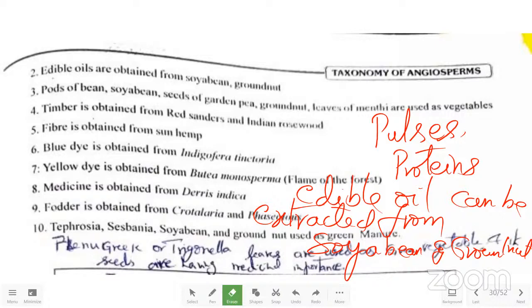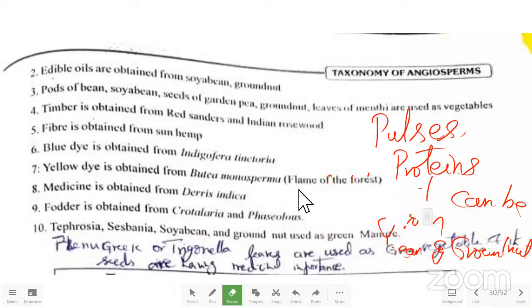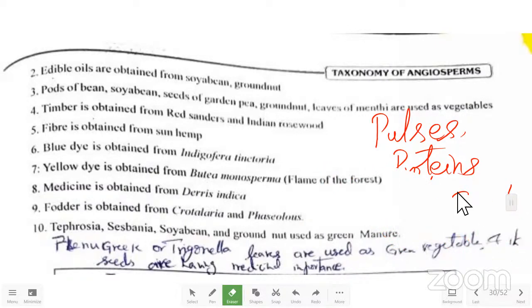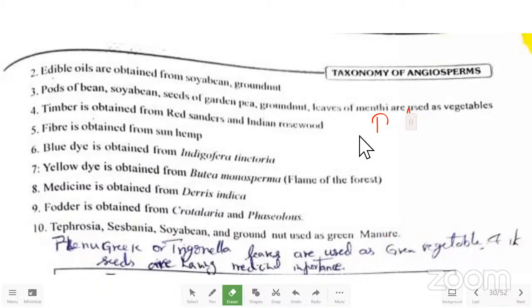And the next point, the oil cake is used as a fodder for the cattle. Oil cake means once we have taken out the oil from the seeds, the solid material that is left out is called the oil cake.